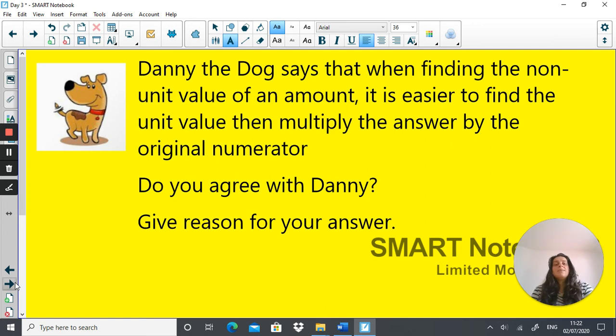Because he may be saying it in a complicated way, but what he's describing is the second method essentially: if you have to find 5/6 of 30, you're better off first working out what 1/6 of 30 is and multiplying it by 5. So actually, Danny, that's 2 this week. We agree with you. You are right.